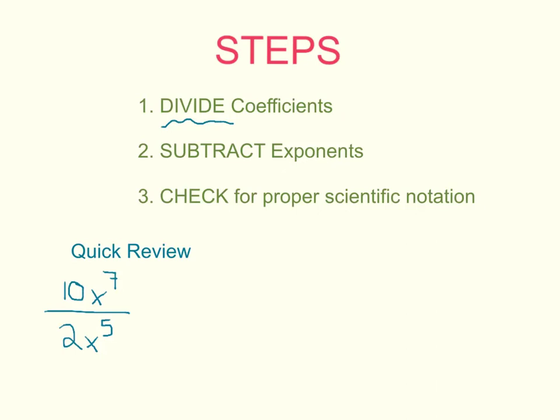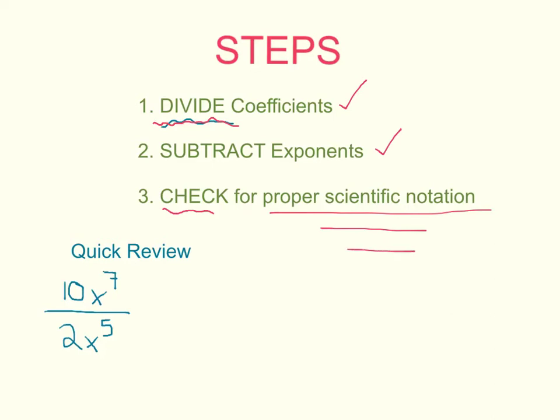Now we can start dividing numbers in scientific notation. And it's very similar, except instead of multiplying, we obviously divide our coefficients. And then instead of adding exponents, we subtract exponents. And then once again, you're always checking for proper scientific notation.